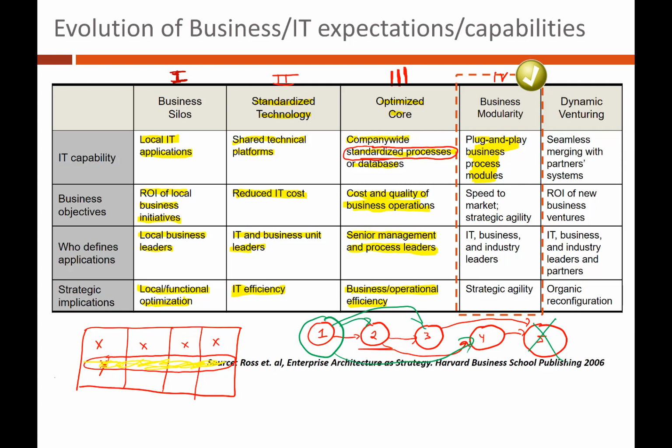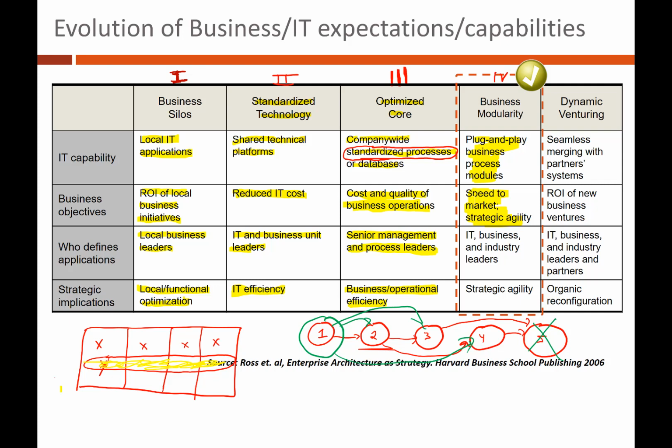The whole idea here is we want to be able to re-engineer and rework our business processes very, very quickly. And the reason why we want to be able to do that is because things change. We want to be able to see an opportunity and take advantage of it.